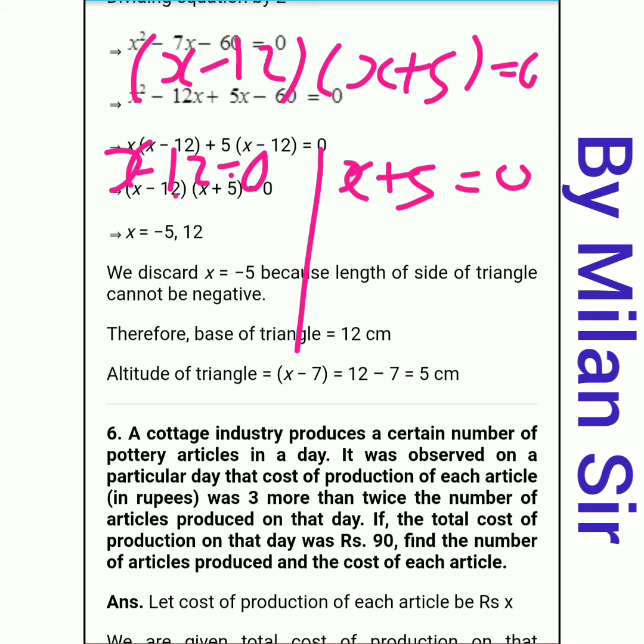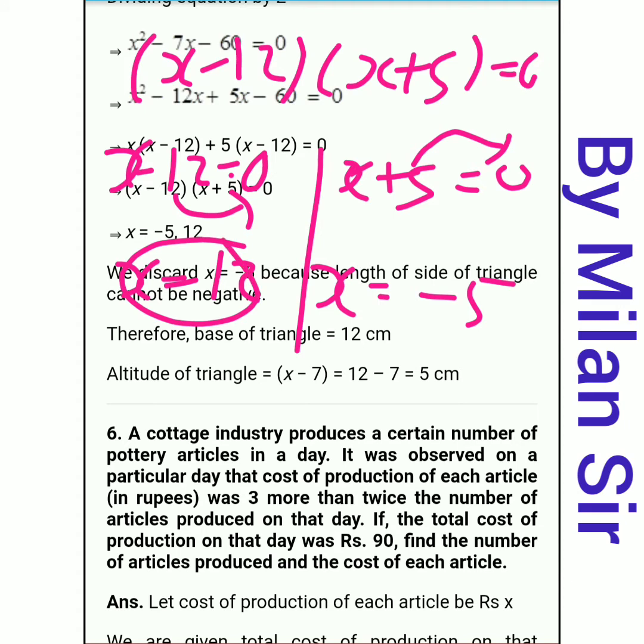Now transfer this minus 12 to right hand side, it becomes plus 12, and transfer this plus 5 to the right hand side, it becomes minus 5. So x is equals to 12, otherwise x is equals to minus 5. But x means our base of triangle, right?